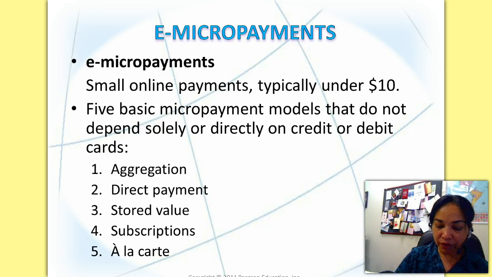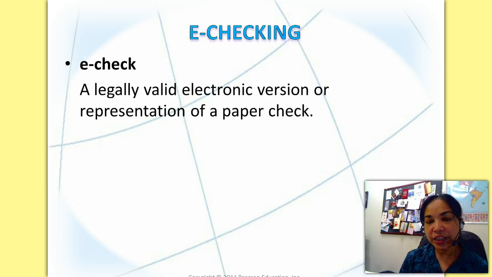The last topic from our last chapter, e-checking. E-checks are the electronic equivalent of paper checks. They are handled in much the same way as paper checks and rely quite heavily on the ACH network.